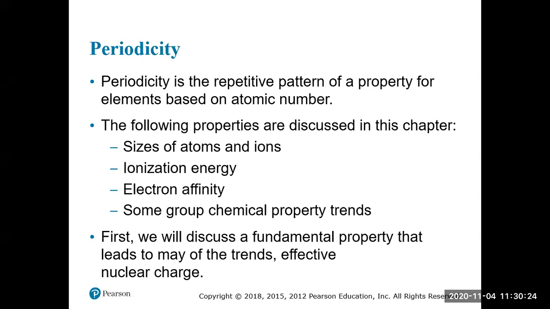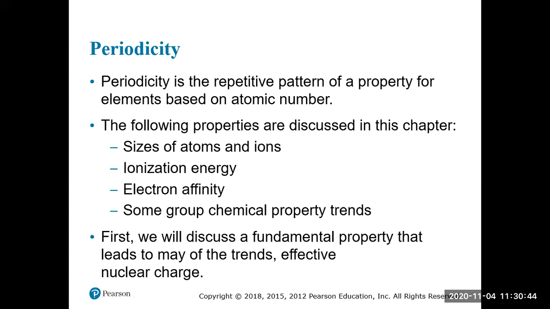We're going to talk about a few of these properties in chapter 7, and what we're going to focus on are sizes of atoms and ions, ionization energy, electron affinity, and then some chemical property trends.